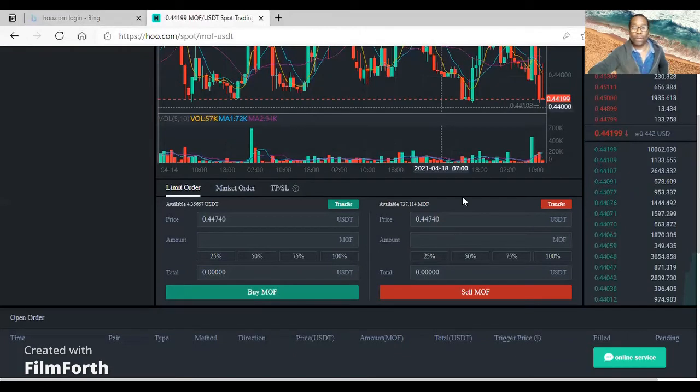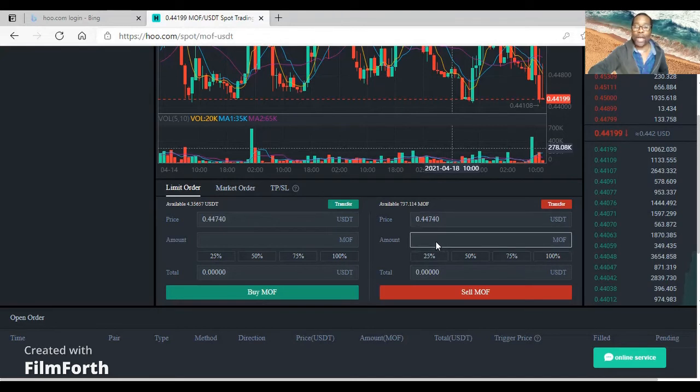So when you look at this graph, you can see the available MOF is 737.114 MOF, and this is the market price.